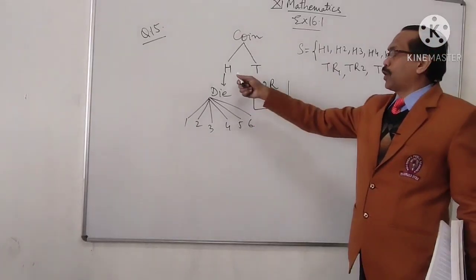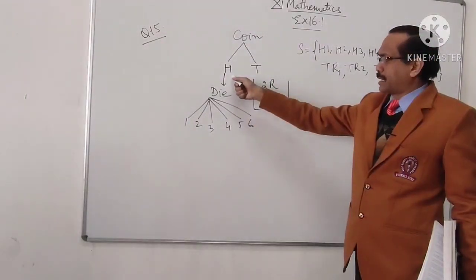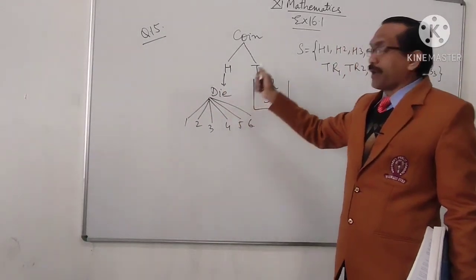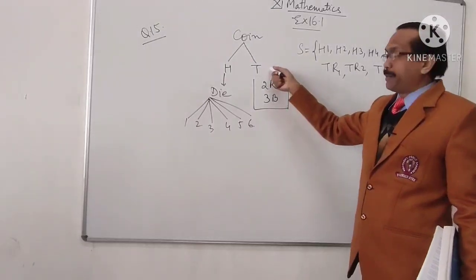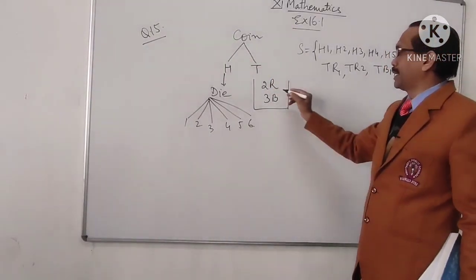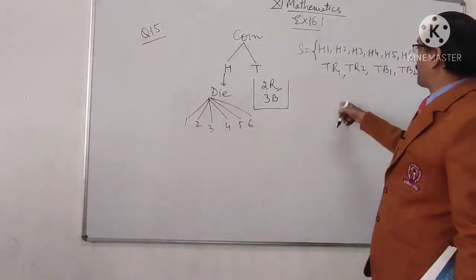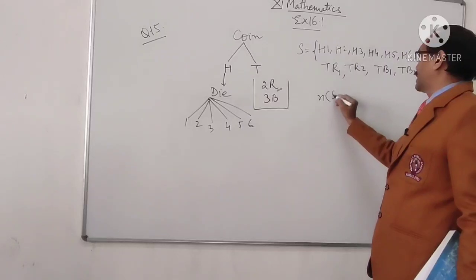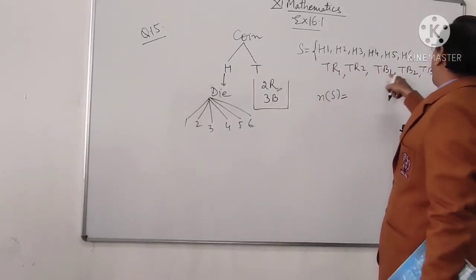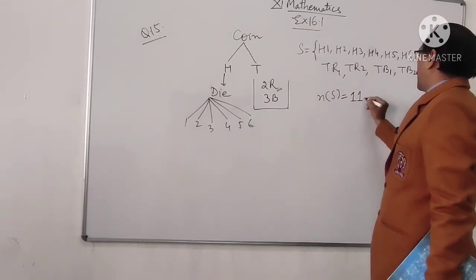When we toss a coin and head comes, then we throw a die. And when tail comes, we take a ball from the box, and the box contains 2 red and 3 black balls. So this is the sample space, and here n is the number of outcomes: 6, 7, 8, 9, 10, 11. So total possible outcomes are 11.